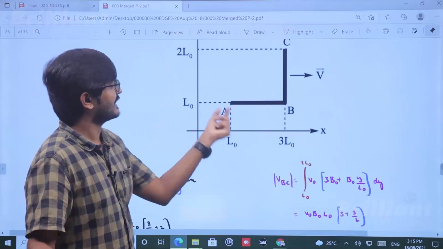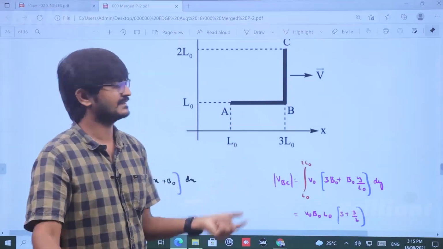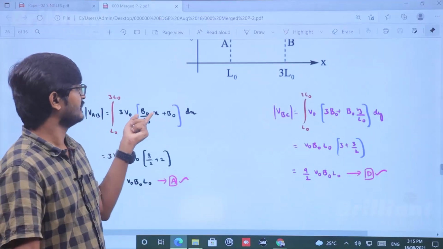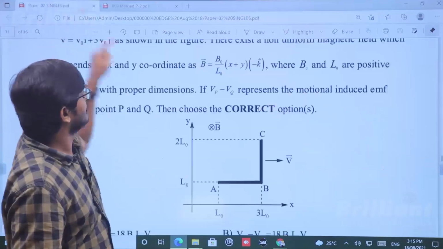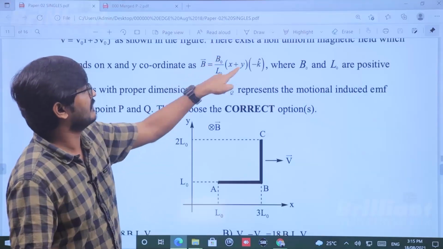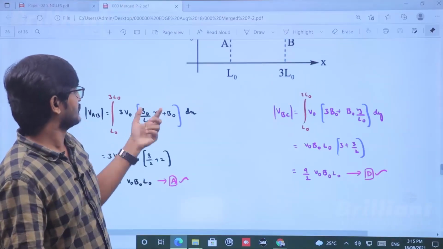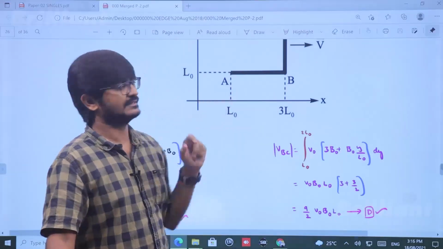So when the x coordinate is x and that small thickness is dx, the magnetic field will be b0 by L0 into x plus b0, because I substituted y as L0, and b0 by L0 into L0 turns out to be b0. So this is the magnetic field at some element which is at a distance x.